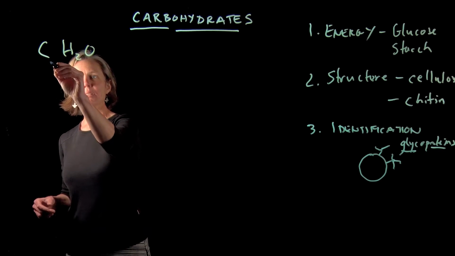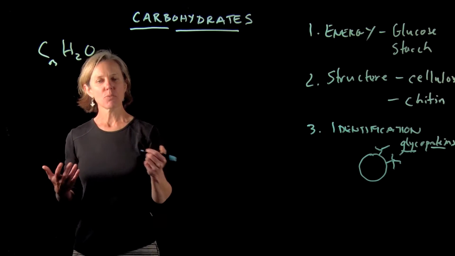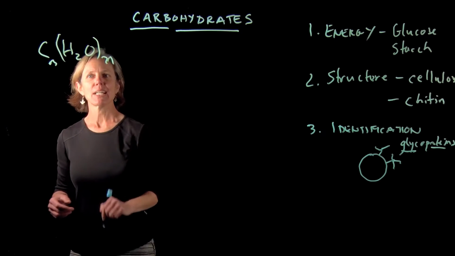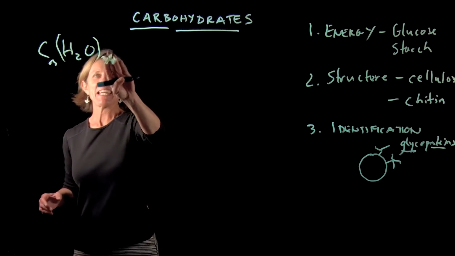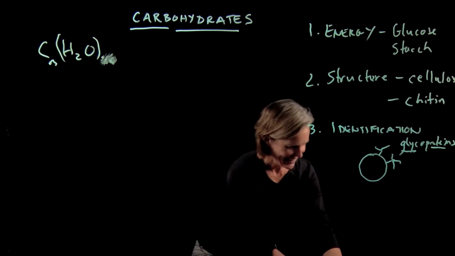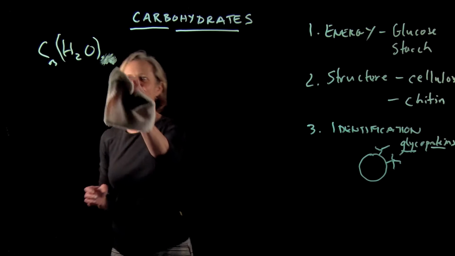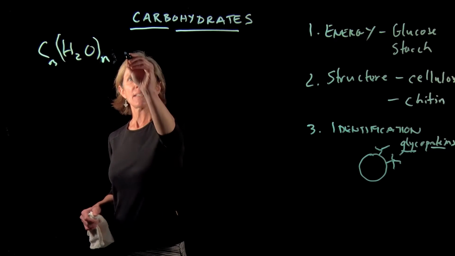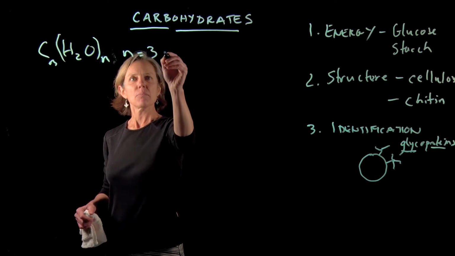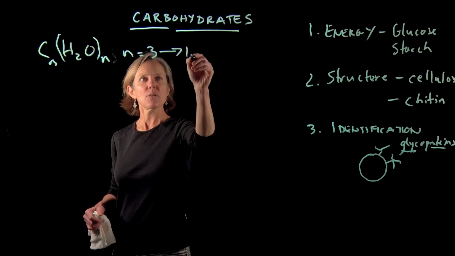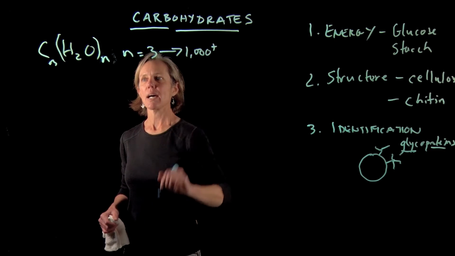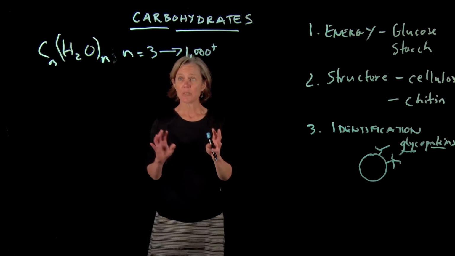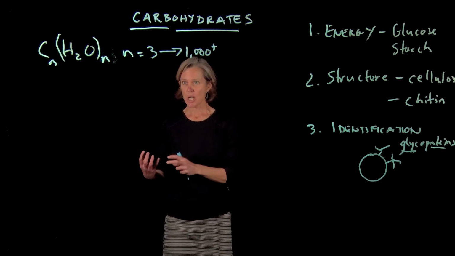But carbon is always found in a ratio of 1:1 with H2O. Sorry, and I'm drawing an N there. That's a messy N. Okay, where N can be anything, can be a number between 3 up to over 1,000. Okay, but again, don't think that in carbohydrates we find water linked to carbon.